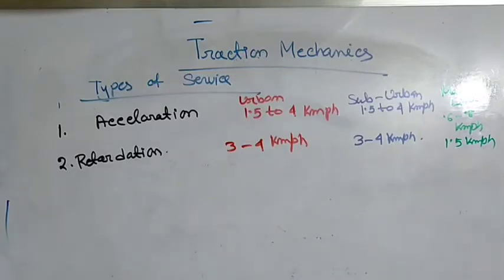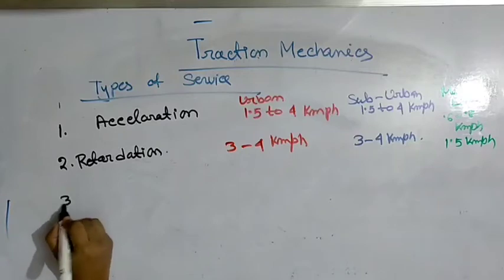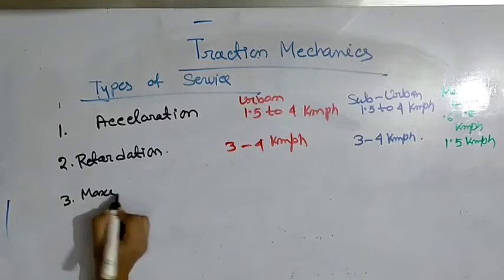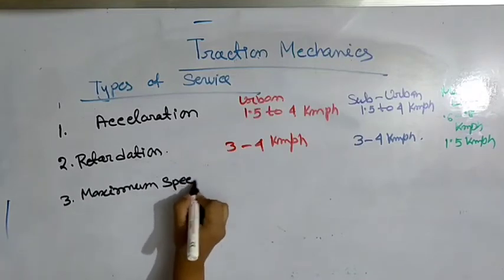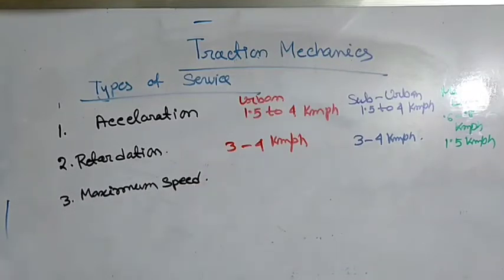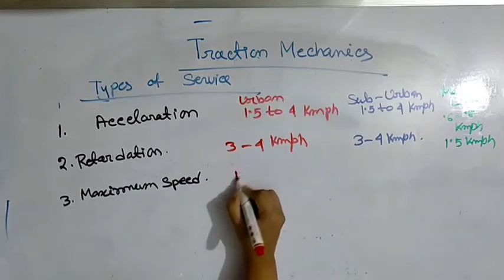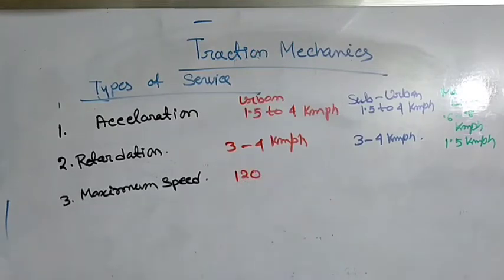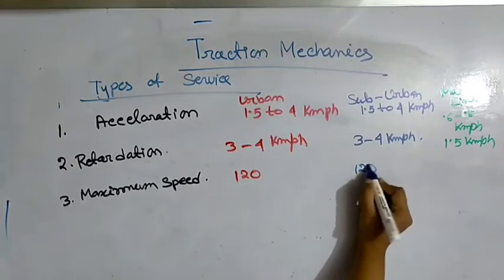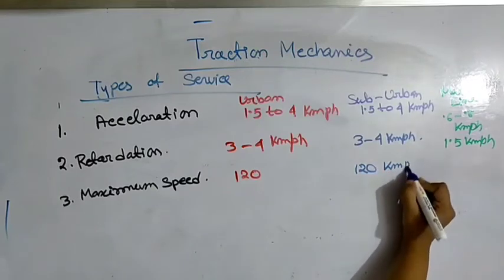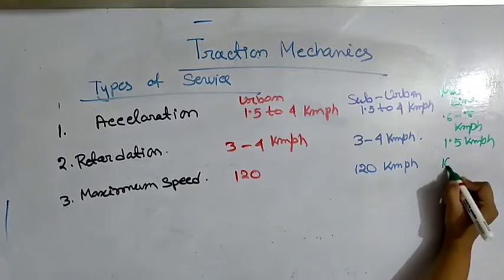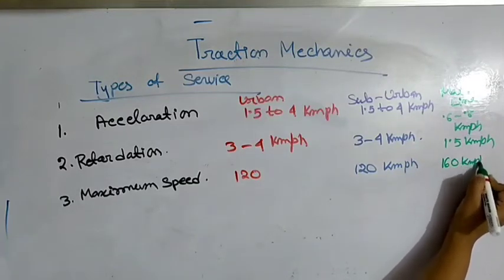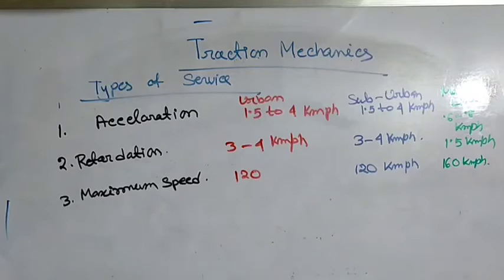Next parameter is maximum speed. For urban service, it is near about 120 kilometer per hour. For suburban service, it is similar, 120 kilometer per hour, and for mainline it is 160 kilometer per hour.